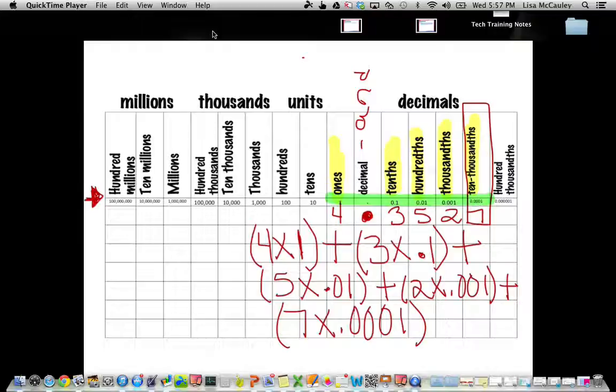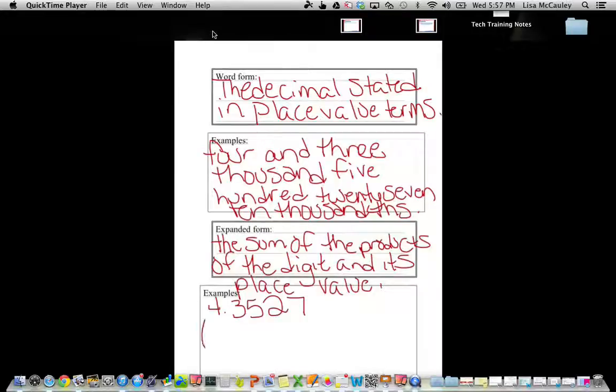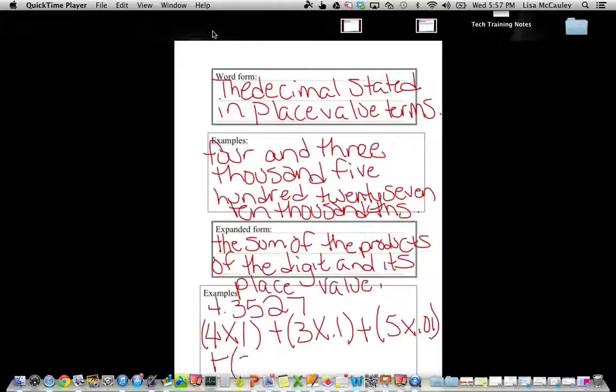So I'm going to go back and write it on my other notes so you have the example. So this would be, again, 4 times 1, because that's the ones place, plus 3 times 0.1, because it's the tenths place, plus 5 times 0.01, because that's in the hundredths place, plus 2 times 0.001, because that is the thousandths place, and lastly 7 times 0.0001.